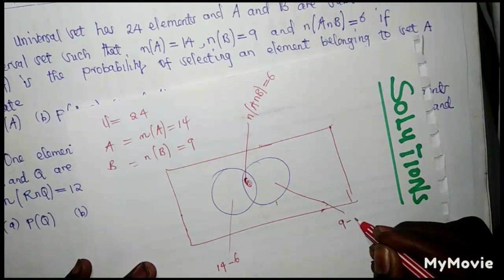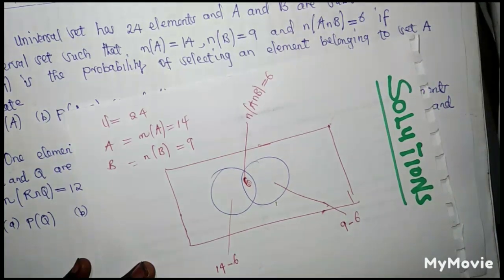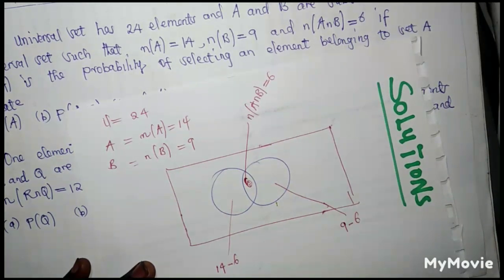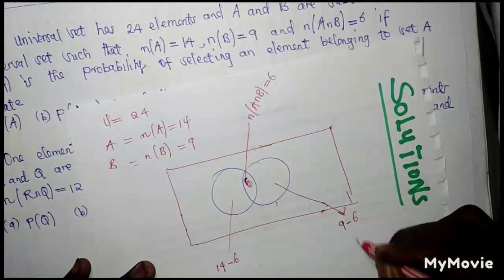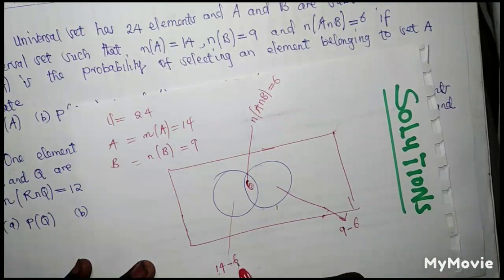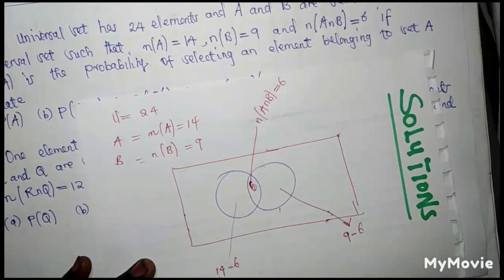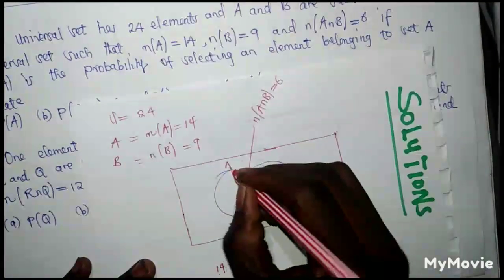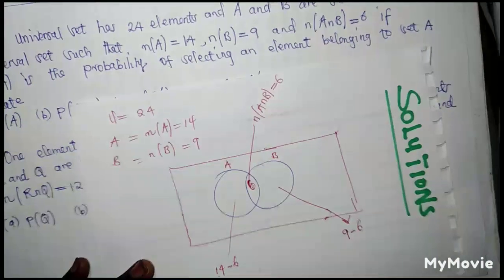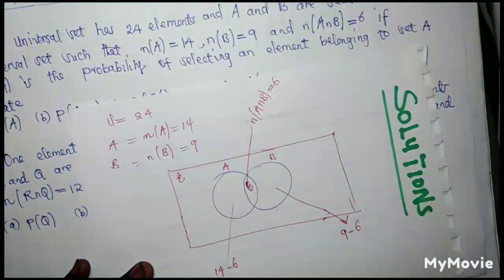So here is 9 minus 6, and here 14 minus 6. That is the number of elements. And let us not forget, this is A and this is B. They are all subsets of the universal set E.